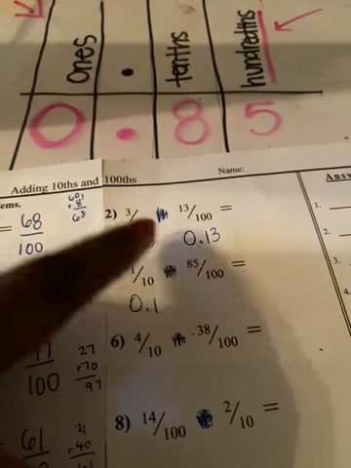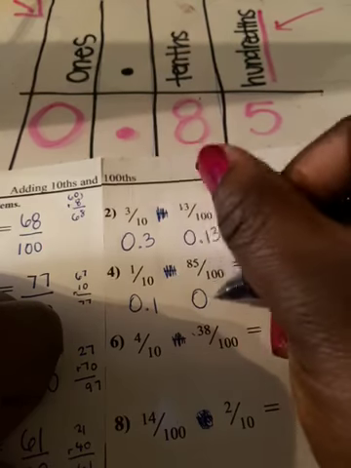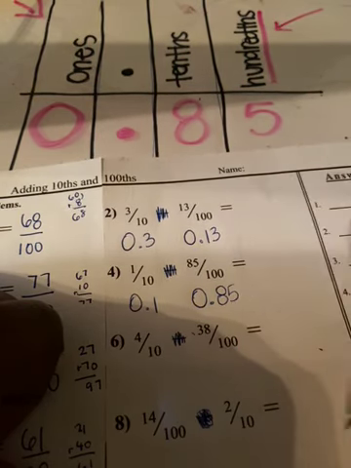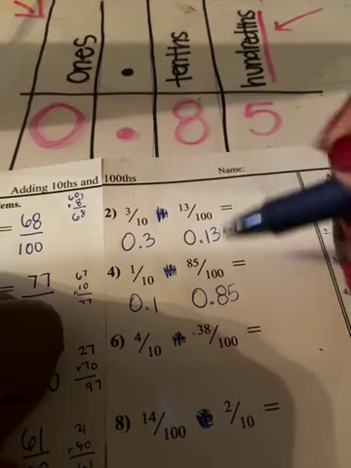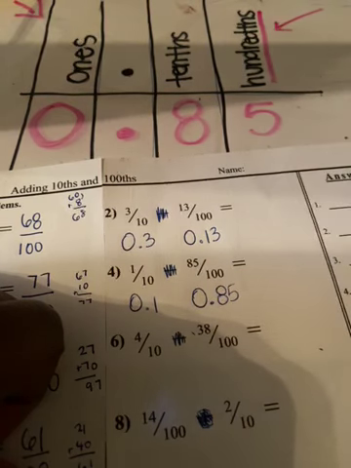So 0 and 85/100. And yes, I have to put emphasis on that decimal being "and," because that's how we verbally make sure our decimal is in place.